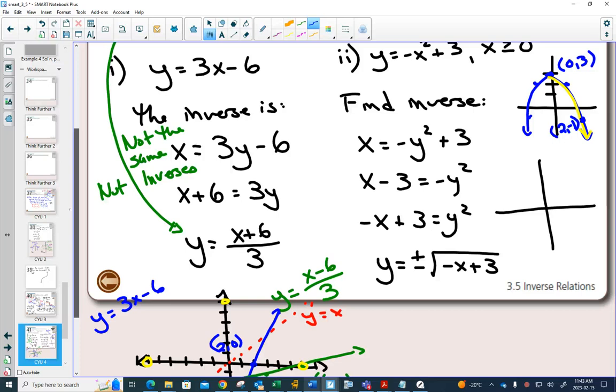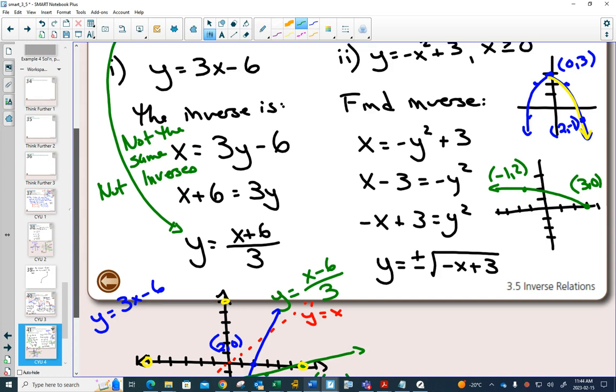If I took those points and I switched my x and my y coordinates, on the inverse, I would have 3, comma 0. I would also have negative 1, comma 2. So this would be my inverse graph.